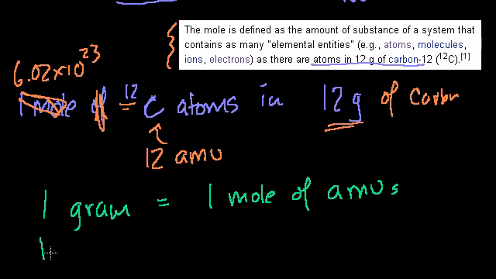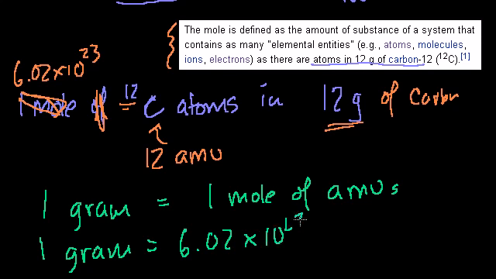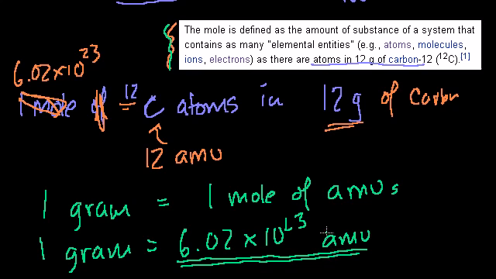Or you could write 1 gram is equal to 6.02 times 10 to the 23 atomic mass units. And the reason why this is useful, and it's addressed in this Wikipedia definition, is it helps us translate between the atomic world, where we deal with atomic mass units, and our everyday world, where we deal in grams.